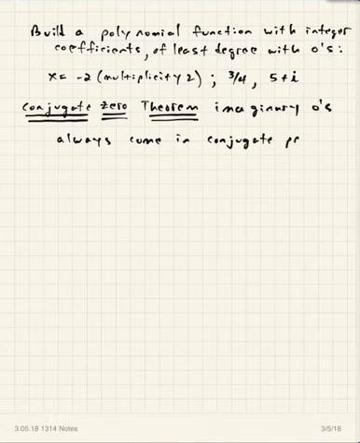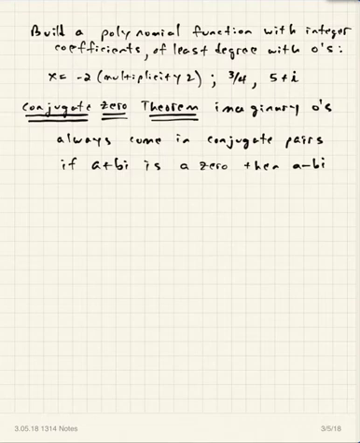Now, what that means, in other words, is if a plus bi is a 0, then a minus bi is also a 0. That a plus bi and a minus bi always come together as zeros. So an imaginary 0 never occurs by itself, as long as the polynomial doesn't have any imaginary coefficients, which we would never be looking at. So they always come in pairs.